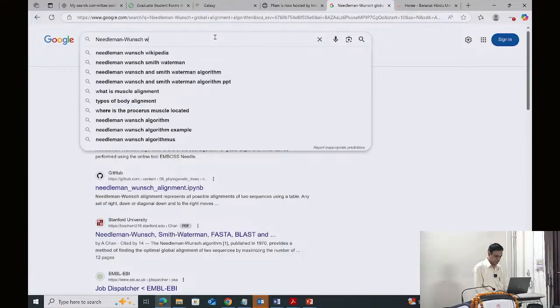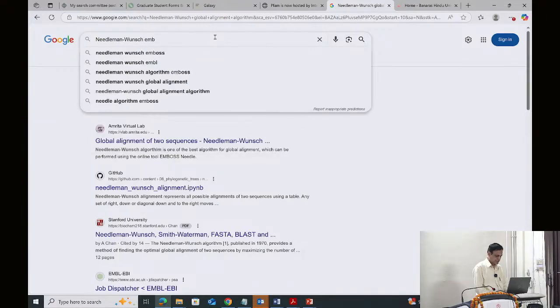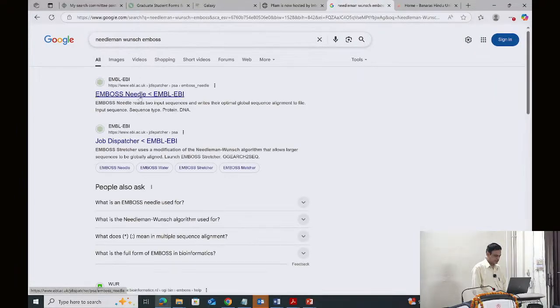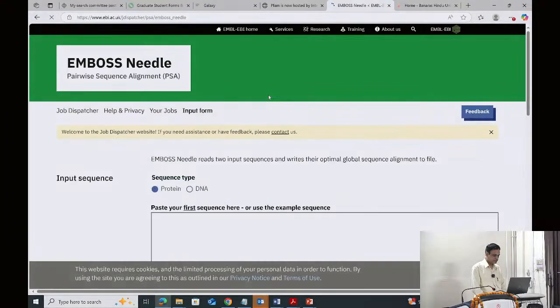Let me see actually. EMBOSS, yeah. Here it is. So EMBOSS Needle. Okay, so go to that. So this is actually the Needleman-Wunsch algorithm at EMBOSS. Okay, so here it is.